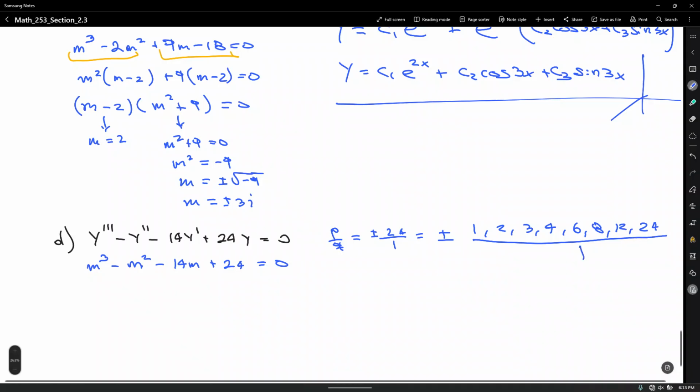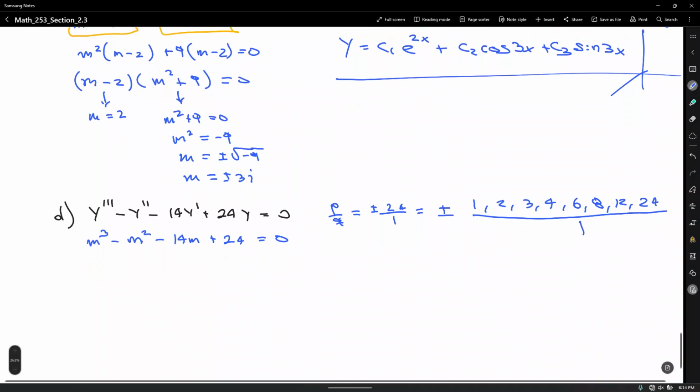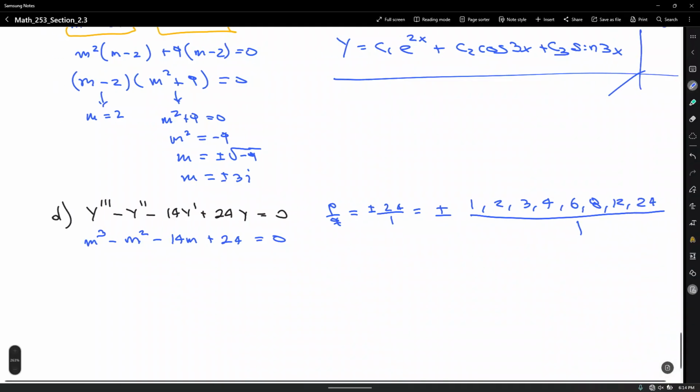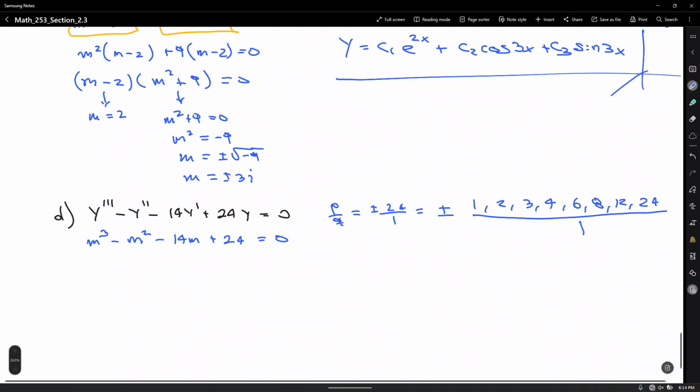Of course, I don't want to test that many factors, and in fact, I'm going to test one that is not going to work, so you can see the difference. It's a review of the rational root theorem, because I feel like it's been a while since you did the rational root theorem, right?